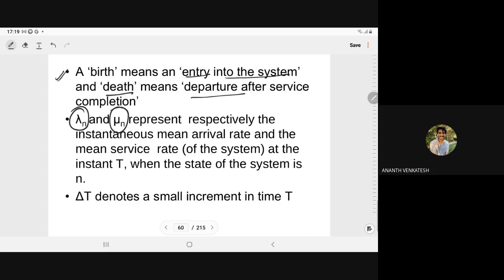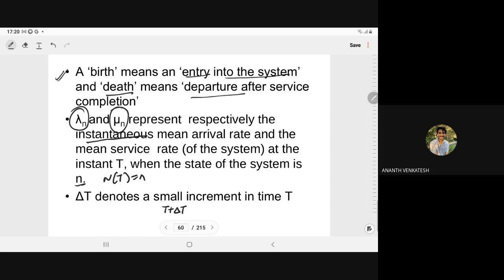So lambda n and mu n represent respectively the instantaneous mean arrival rate and the mean service rate of the system at the instant t when the state of the system is n. State of the system is n means N(t) is equal to n. Delta t denotes a small increment in the time interval, means we are talking about t plus delta t.